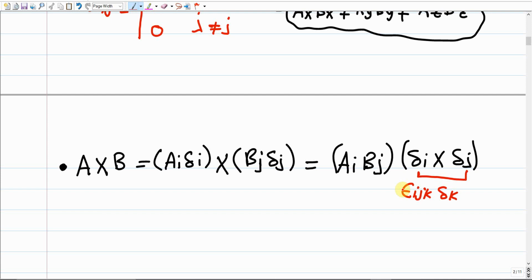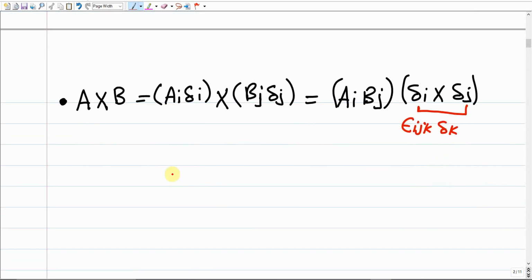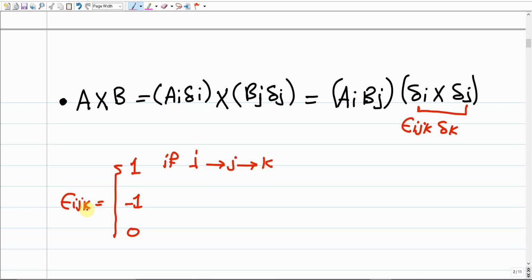And if you remember some of the characteristics of this permutation parameter, epsilon_ijk, it has 3 different possibilities. It would be either 1 or -1, or it would be 0. We said that the condition for the permutation tensor to be 1 is that the i, j and k should come in the same order as shown here.